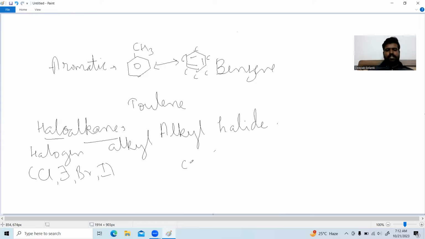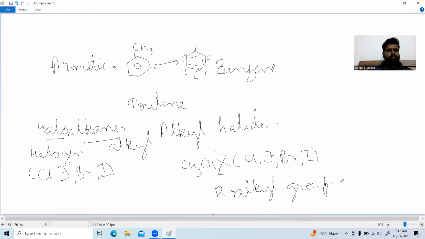Now take the example CH3, CH2, and X as a halogen. X can be Cl, F, Br, and I. R is the CH3, CH2 chain. R is the alkyl group. So this is the basics about haloalkane.